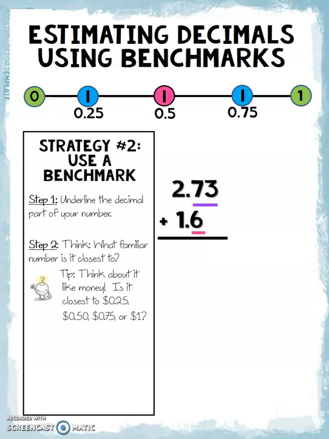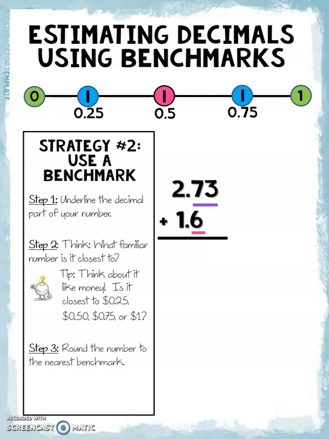So imagine that 2 and 73 hundredths is like saying $2.73. Is it closest to 25 cents, 50 cents, 75 cents, or your next dollar? Same thing with 1 and 6/10. Think about that 6/10 part and figure out what familiar number it is closest to.